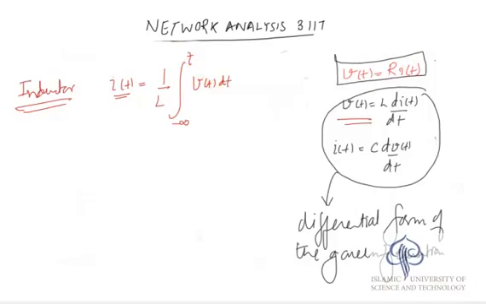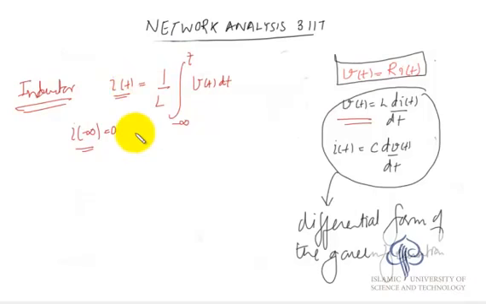And then you also assume in this case that the current at minus infinity is 0. So you start from a point minus infinity and you apply voltages, different kinds of voltages on the inductor, different waveforms maybe, and then you integrate all of them up to point t. You get current at time t.